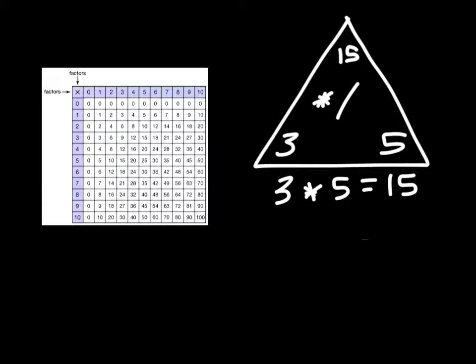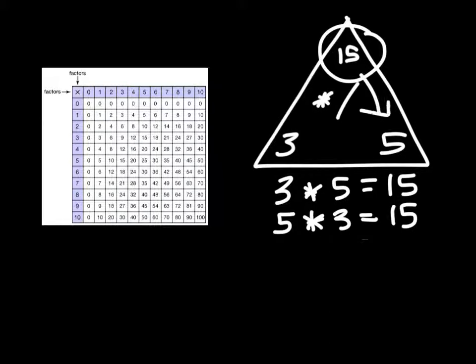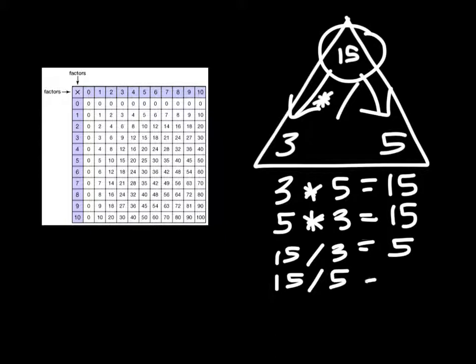Now I can also do the turnaround fact: 5 times 3 equals 15. I also can take the product, 15, and divide it by each of the factors. So I can take 15 and divide it by the factor 3 to get 5, and 15 divided by 5 equals 3. Remember, you would write the largest number first.